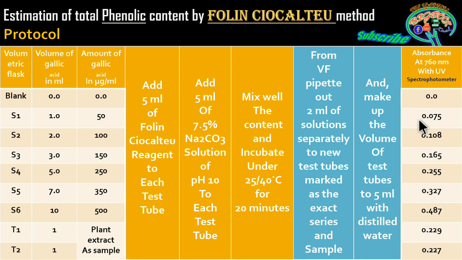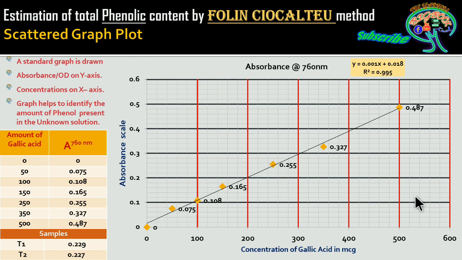Whatever you got, you are going to mention here in this particular protocol, and further you are going to plot the graph. We take the amount of gallic acid mentioned and the absorbance we got respective to the gallic acid amount, and plot a scatter graph with data labels.